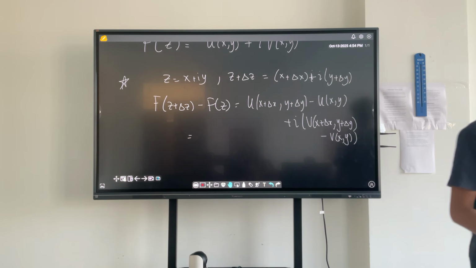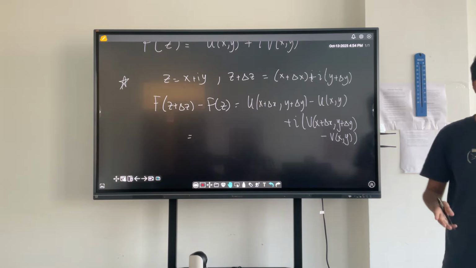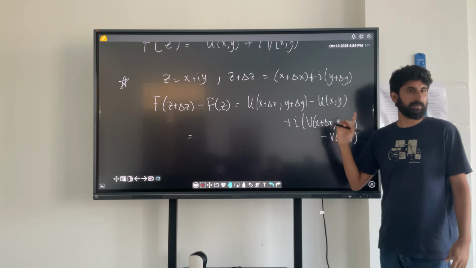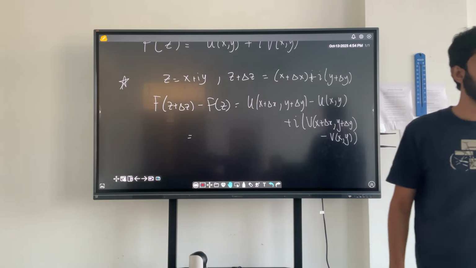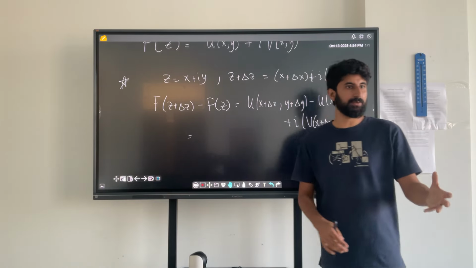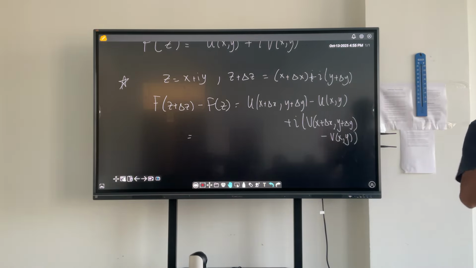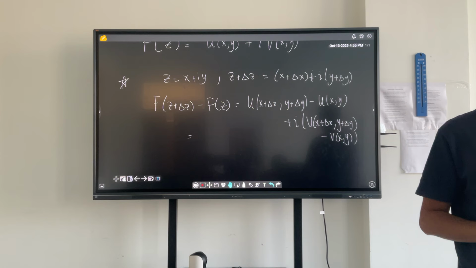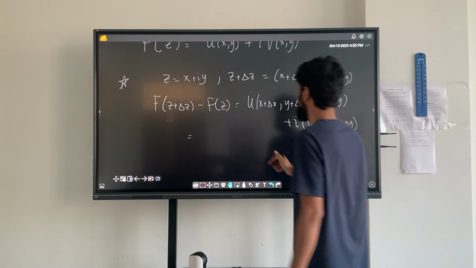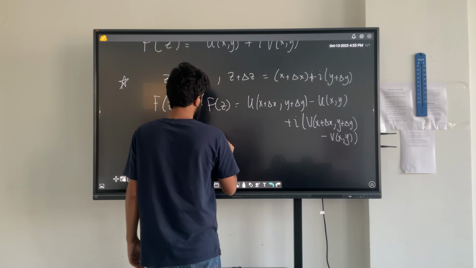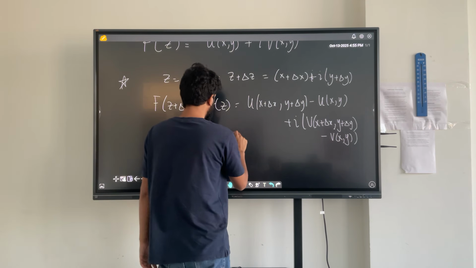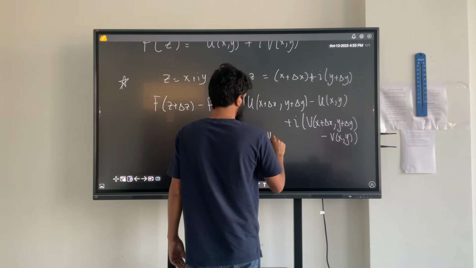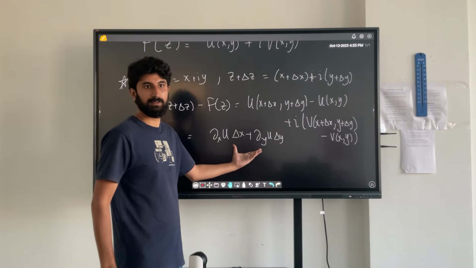Now, remember how you calculate the change in going from one point to another, if you remember scalar fields. It is the directional derivative times the length. So what does that finally give? Partial x of u times delta x, plus partial y of u times delta y.